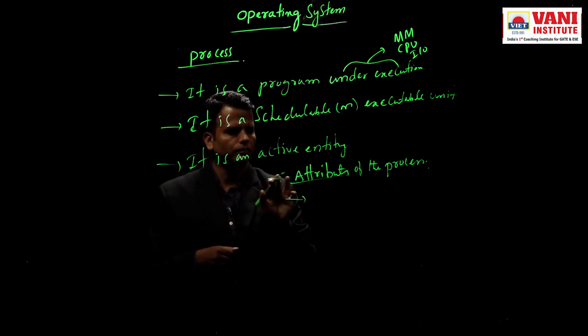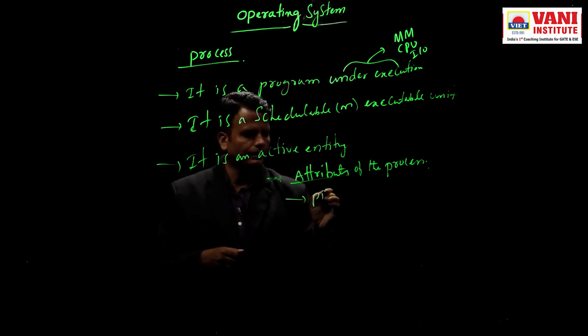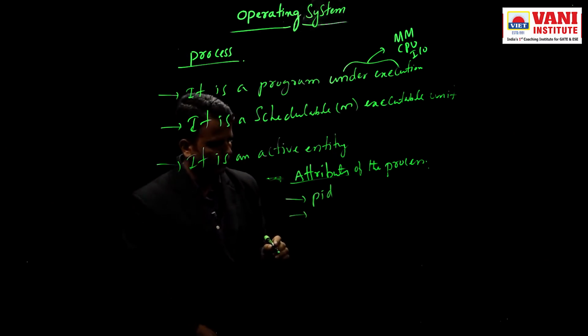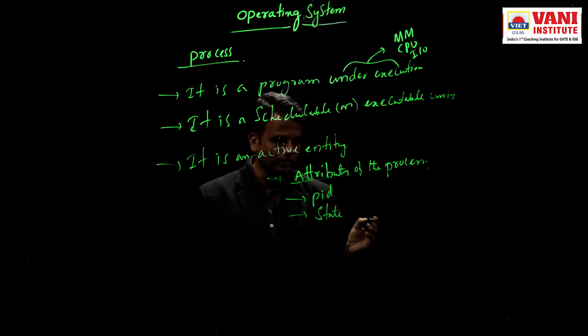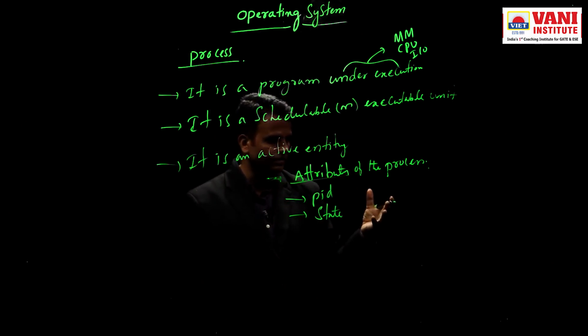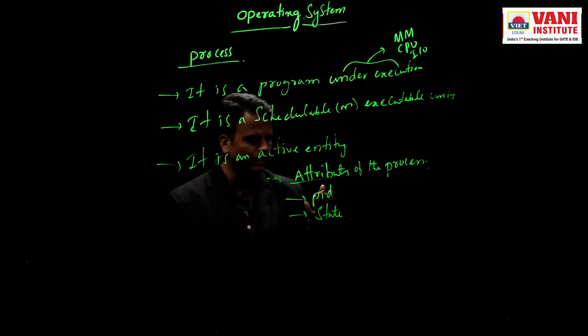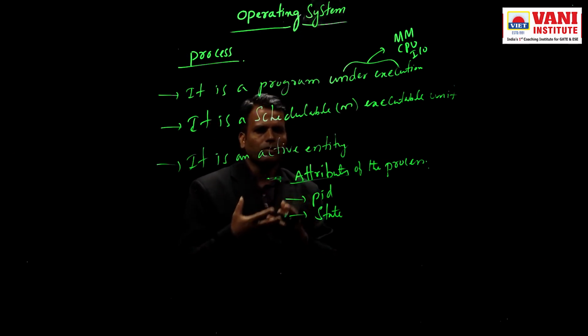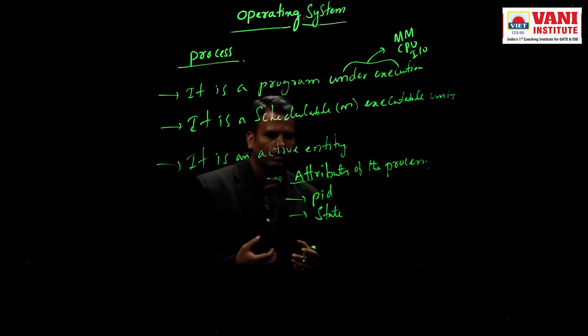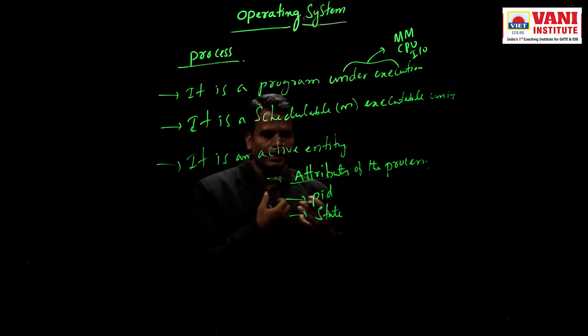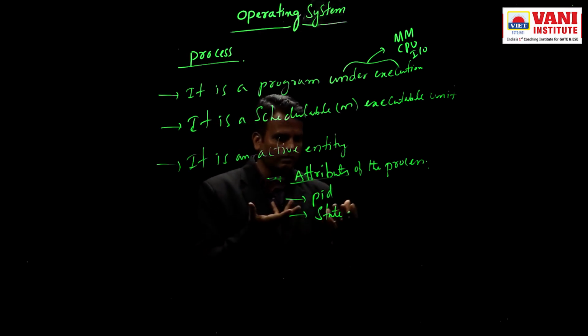Process ID. Okay. State, in which state the process is, whether it is ready state or running state, that is the state of a process. And ID means, by the time a process is created, the operating system will assign an ID to the process. Okay, why? Because in future if you want to catch that process, the ID will work.